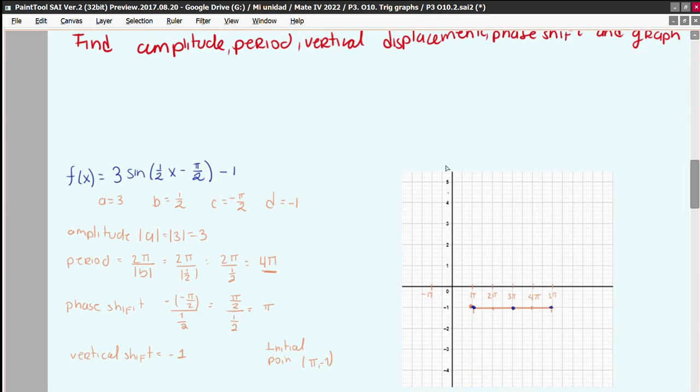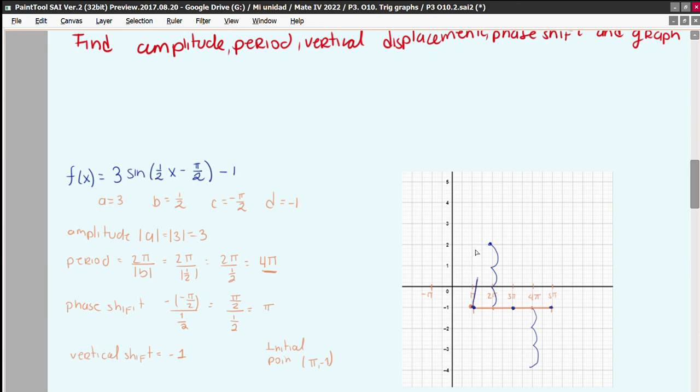So I just have to multiply that maximum value times my amplitude. That is, if I land here, 1 times 3, I'm going to move 1, 2, 3 upwards. And here, I'm going to move minus 1 times 3, that is minus 3. So I'm going to move 1, 2, 3 downwards.